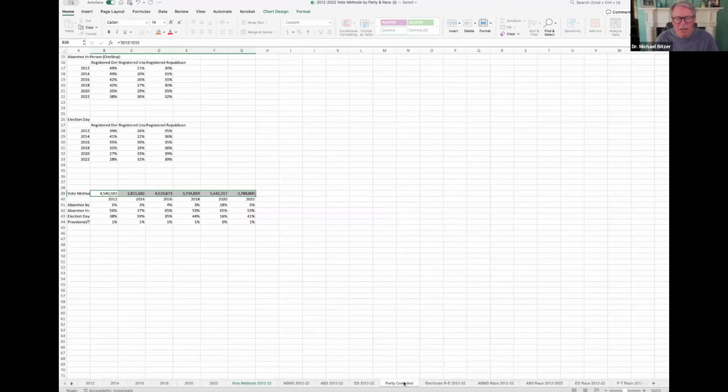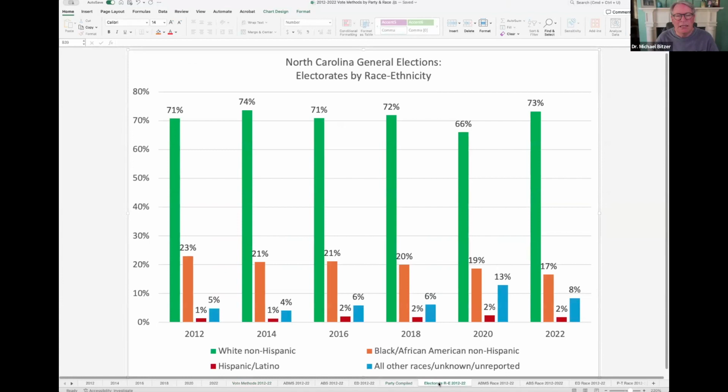What I want to move next to is the electorate by race and ethnicity. This worksheet, electorate R-E 2012 to 2022, gives you again the total ballots cast and the racial and ethnic breakdowns of all of those ballots cast.